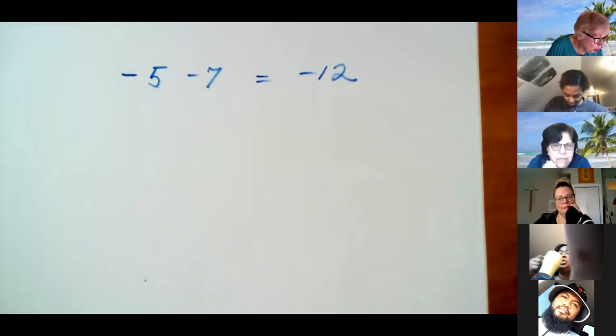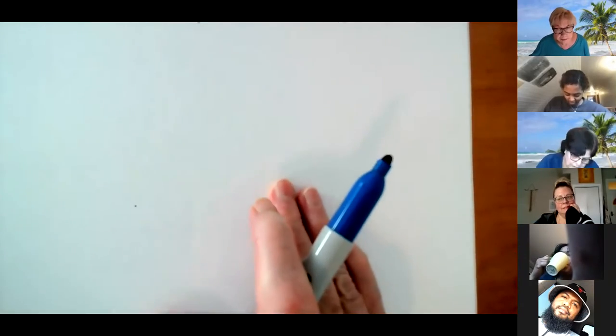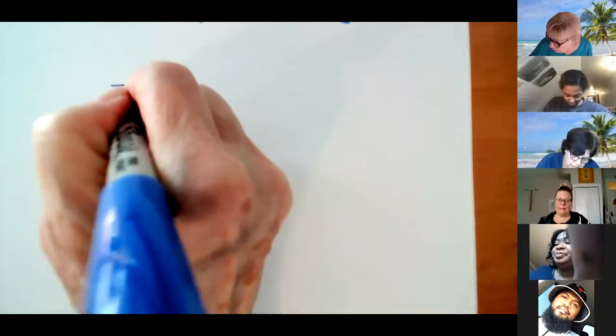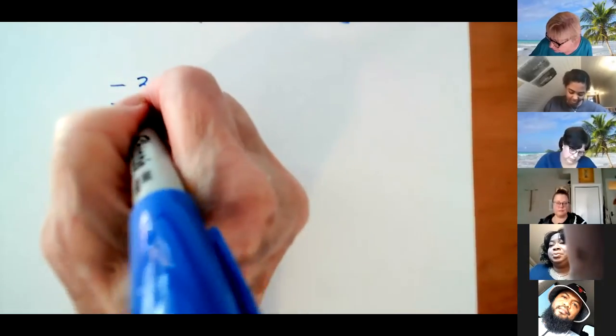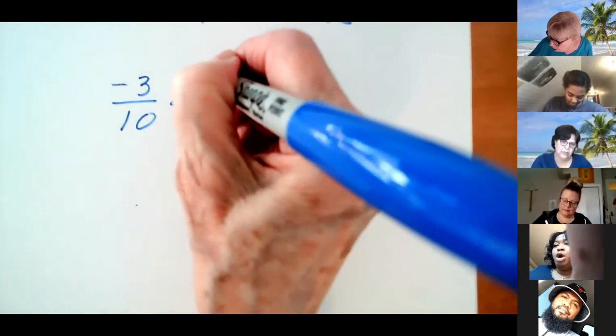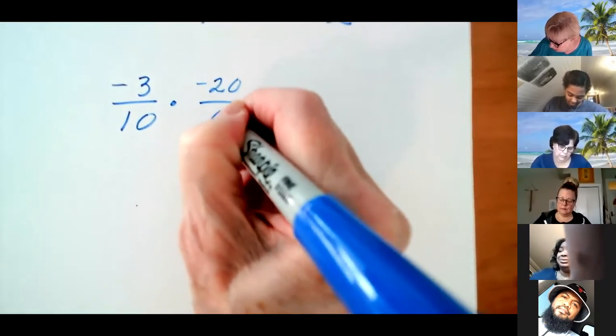So what I wanted to show you, let me see if I can find a good one. Oh, I'll have to make it up. -3 over 10 times -20 over 6.